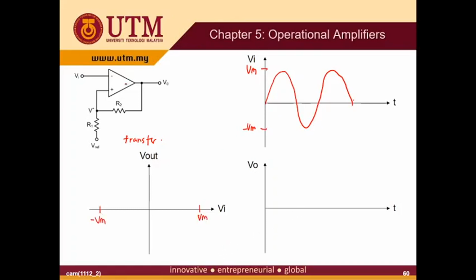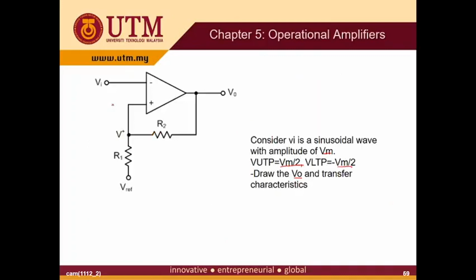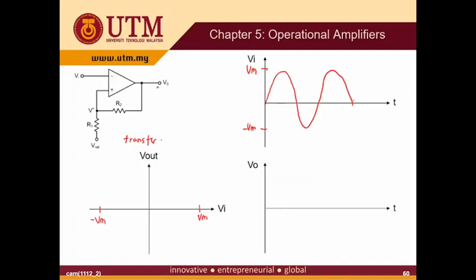Okay. For the output of the comparator or Schmitt trigger, it depends on your plus VCC and minus VCC. In this case, the plus VCC is not given, so you just use the symbol. This is plus VCC and this is your minus VCC.